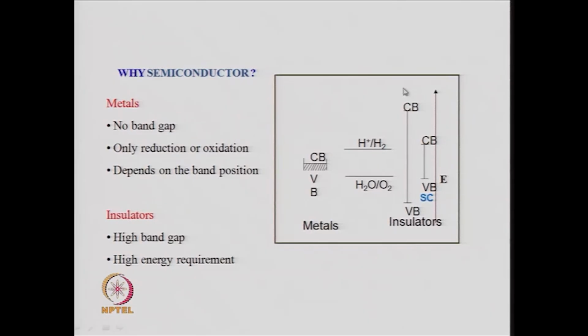If you have a very high band gap, as in insulators, or no band gap, as in metals, then that does not help the water splitting reaction, but a reasonable band gap, like that present in several semiconductors, can help the splitting of water.